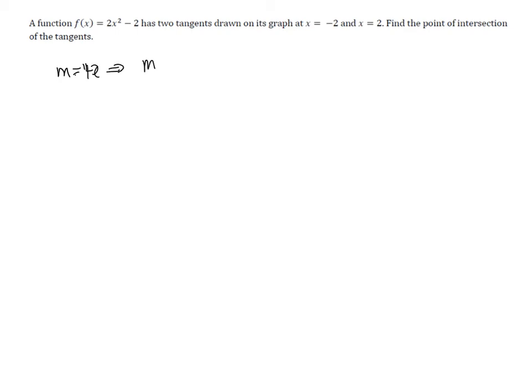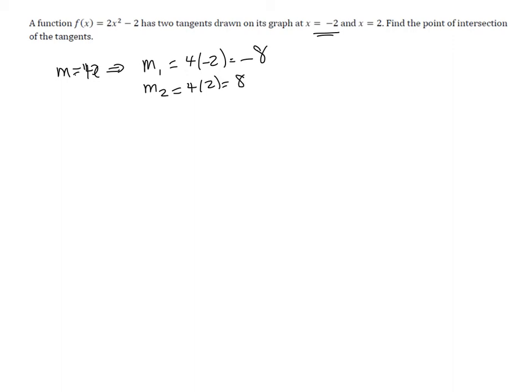So the first slope is when x is equal to -2, so m1 becomes 4 times -2, which is -8. The second slope, m2, is when x is 2, so we get 4 times 2, which is equal to 8.